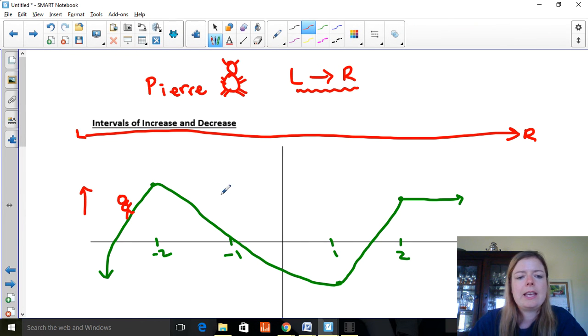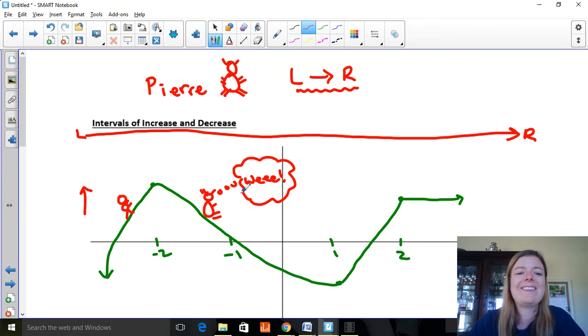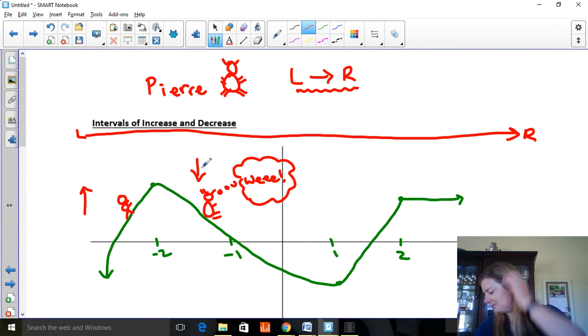If he is taking a nice little ride down the, I got his antenna on the other one. Here he is sliding down the hill. Whee! If he is falling, that means the function is decreasing.